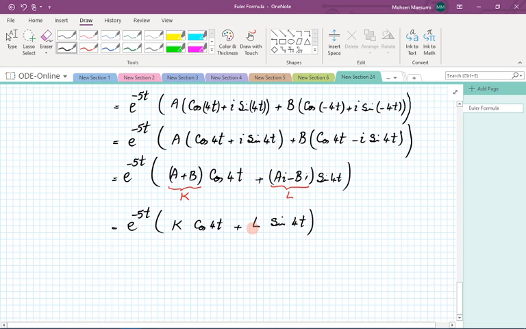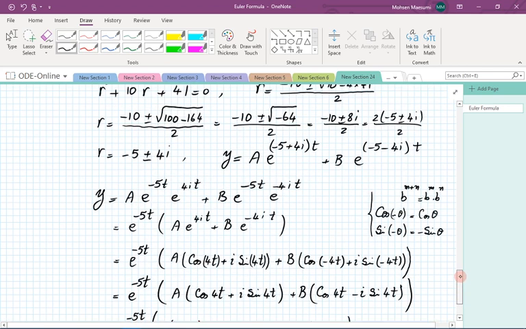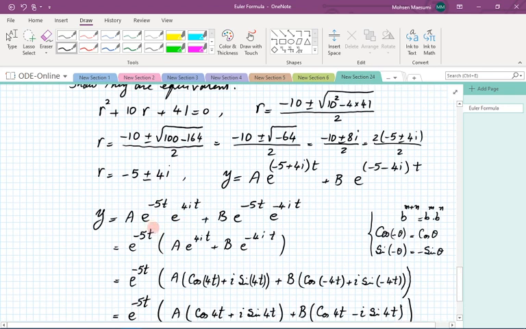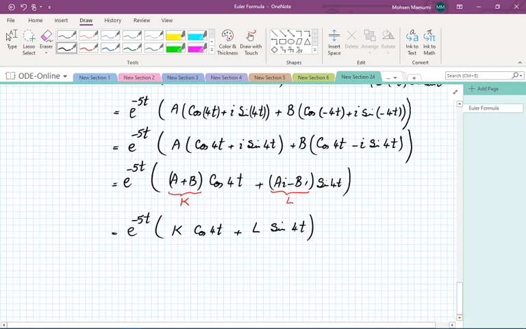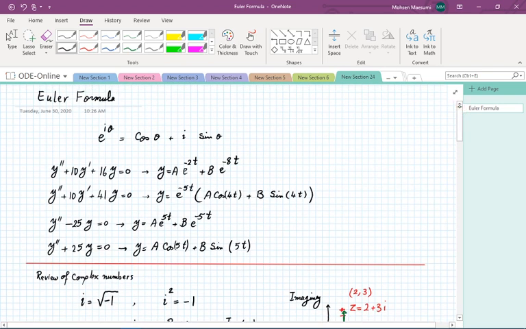So what we did here is that we started with a form that we are comfortable with, the exponential. We applied Euler's formula, and after that we have the other form, which is the trig style. So what we managed to show is that Euler's formula provides a bridge that takes us from one style to the other style.